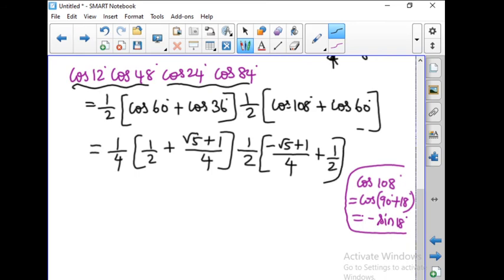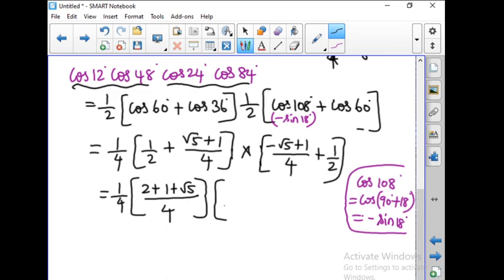So minus, this can be written as minus sin 18 degree. Now in the 1 by 4 bracket, I have multiplied with 1 by 2, so it is only with the symbol of multiplication. So 1 by 4 into 2, when you are taking the LCM, 2 plus 1 plus root 5 into, when you are taking the LCM, minus root 5 plus 1 plus 2.